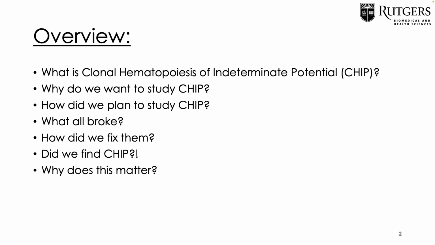What was the method that we designed to study CHIP? And in that process, what all we broke and what all broke by itself, which happens all the time. How did we go about fixing them, and were we successful? And finally, talk about why this is relevant, and in particular, relevant on the Cancer Genomics Cloud platform.